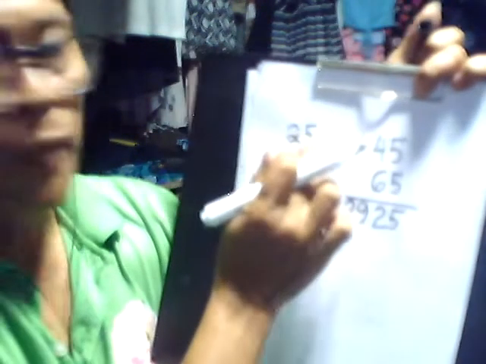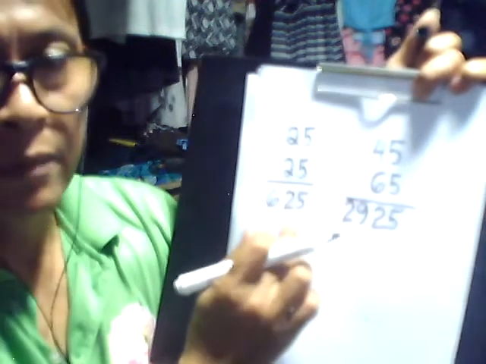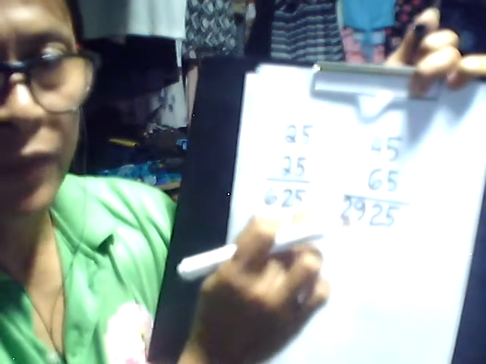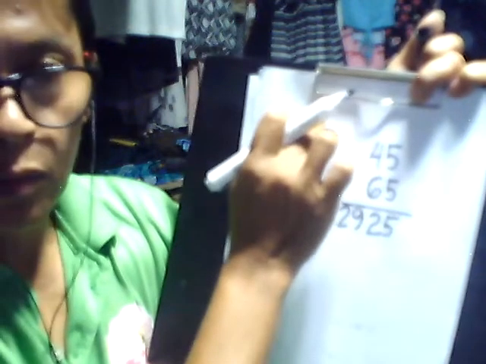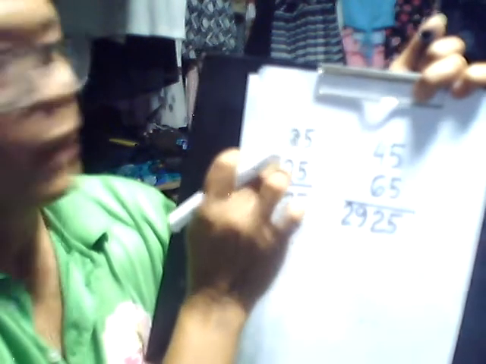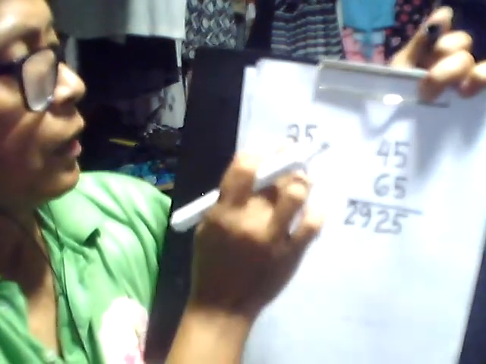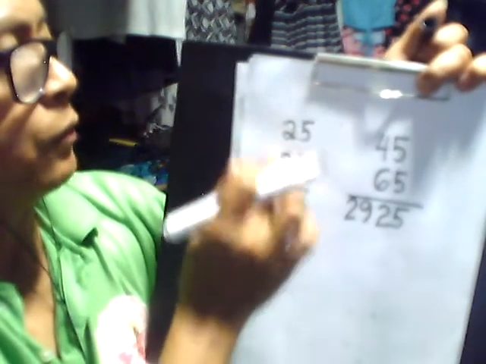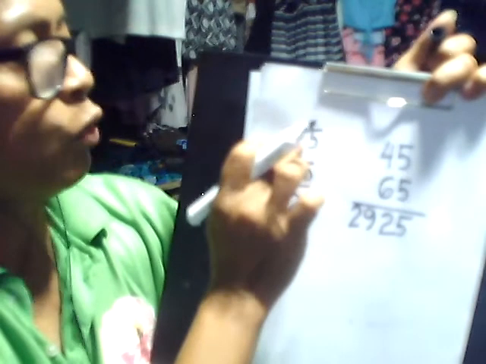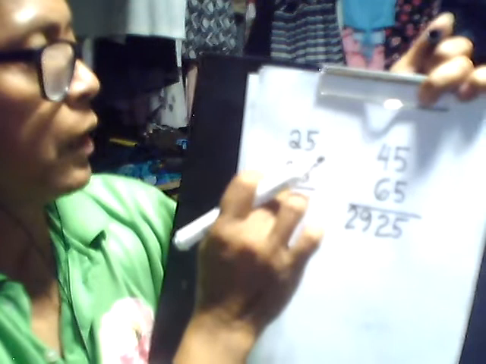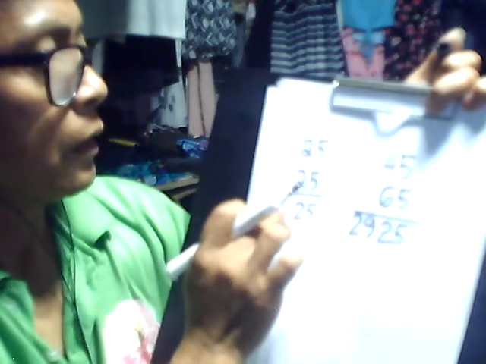You simply multiply 5 times 5, so that becomes 25, and then you carry the 2 on the first digit, and since they are both 2, you add 1, so 2 becomes 3, and then you multiply it by 2, so that it becomes 6.